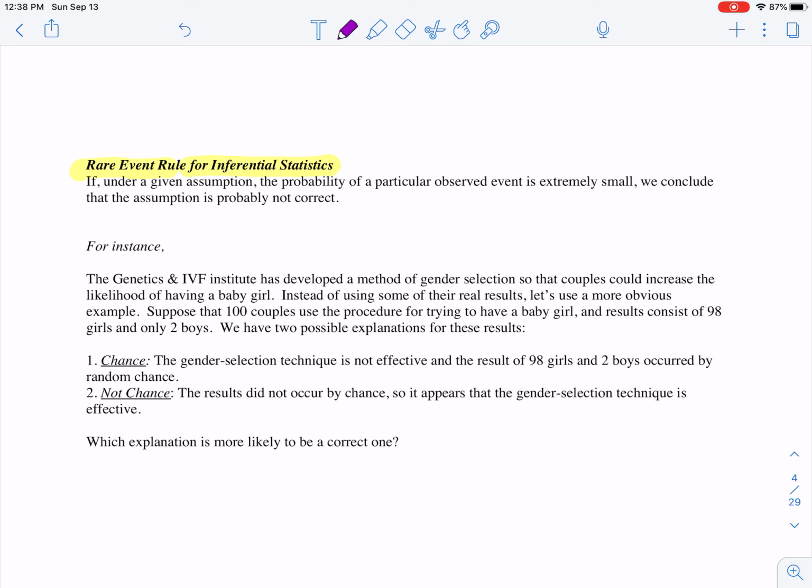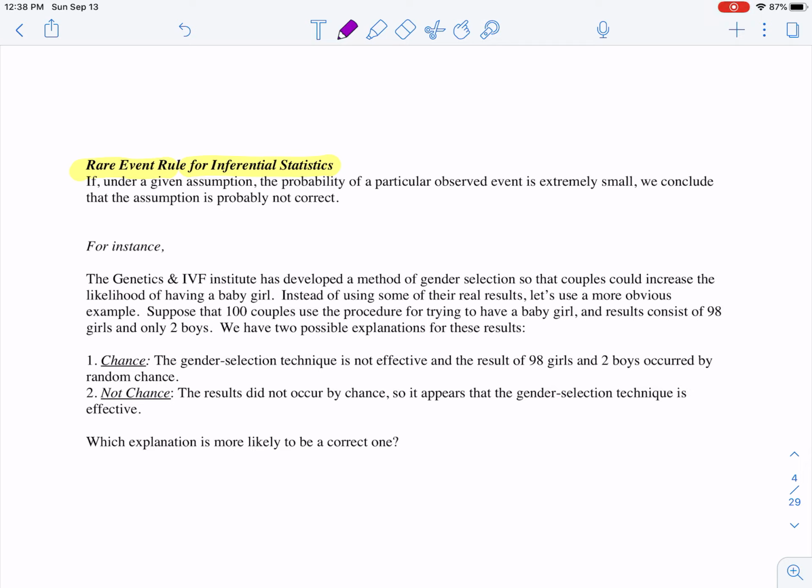So we're saying that given an assumption, if a particular observed event from that assumption has an extremely small chance of happening, then we say the assumption is probably not correct. So we reject something that doesn't have a high chance of happening.